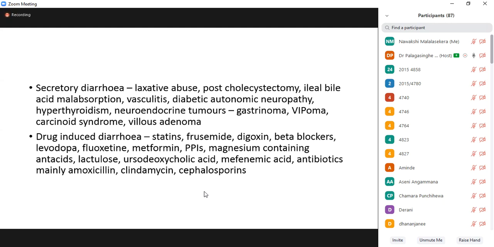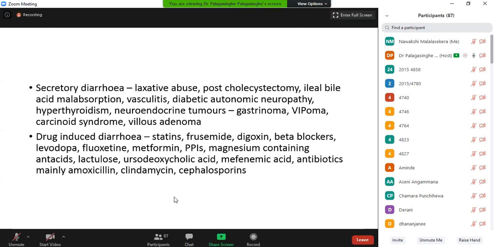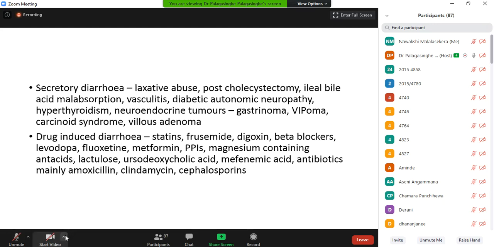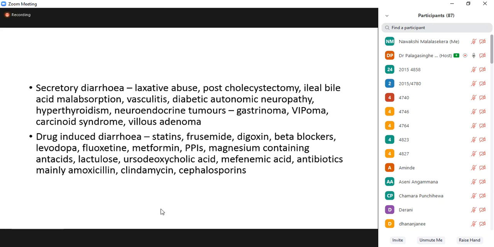In that case, you have to stop the antibiotic. Usually with the more common benign forms of antibiotic-induced diarrhea, the patient won't deteriorate, unlike in pseudomembranous colitis or C. diff. But if you have a doubt, there is a gold standard test to differentiate.